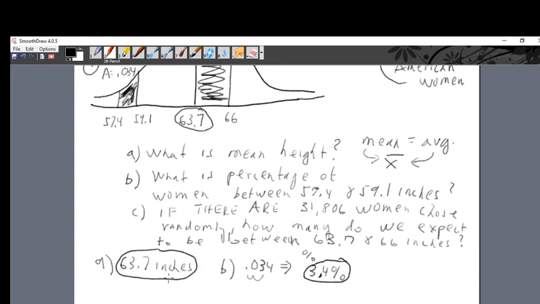And finally, C. If there are 31,806 women chosen randomly, how many do we expect to be between 63.7 and 66 inches? Remember that you can't see it anymore, but I'll show it to you again.